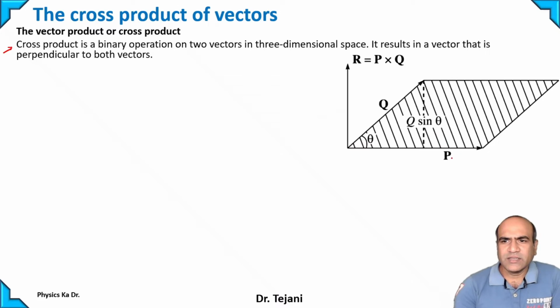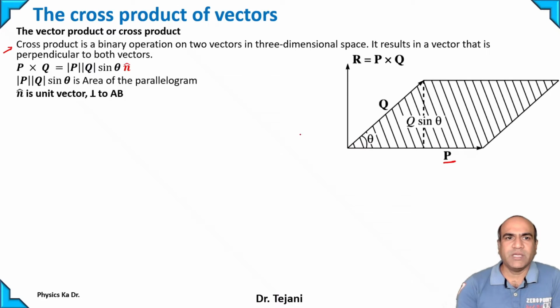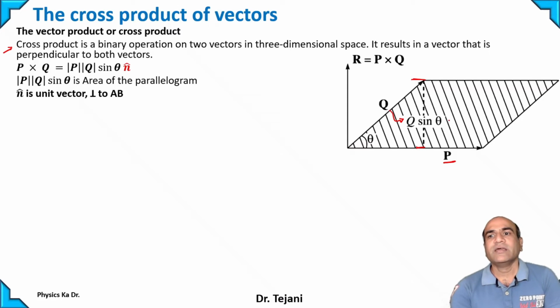Suppose there is a vector P, it is here, and at an angle theta, there is another vector, Q. So the cross product of these vectors gives multiplication of vector P with the projection of Q on a perpendicular line, that becomes Q sine theta.